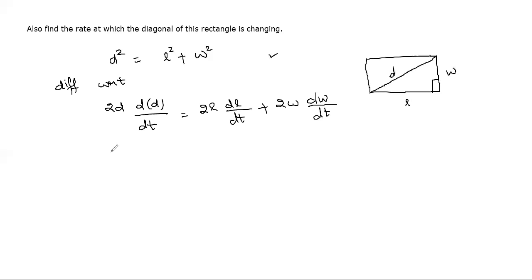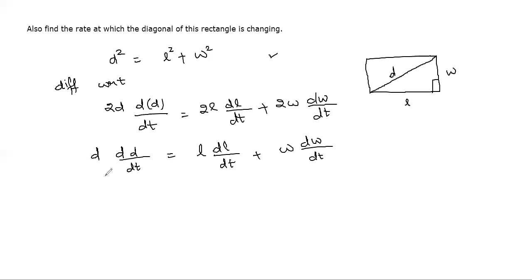This 2 can be cancelled throughout. So the rate at which the diagonal is changing is: d times the rate of change of diagonal equals L times dl by dt plus W times dw by dt.